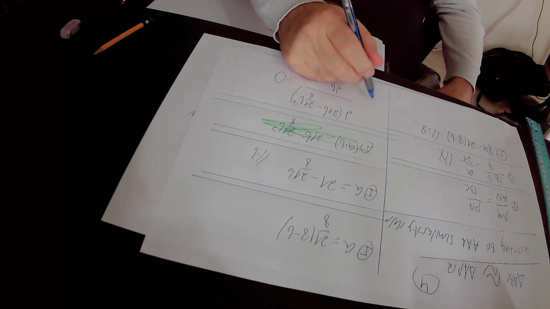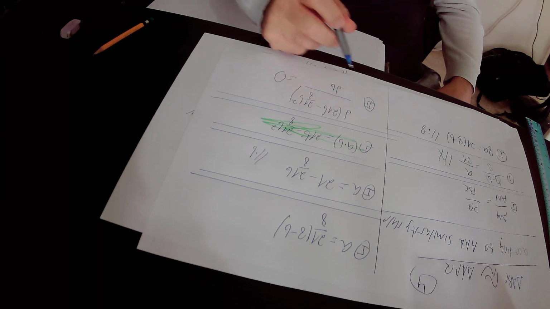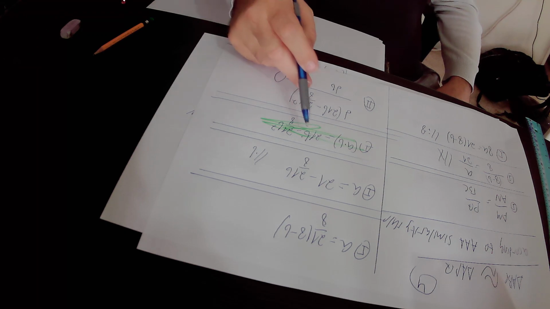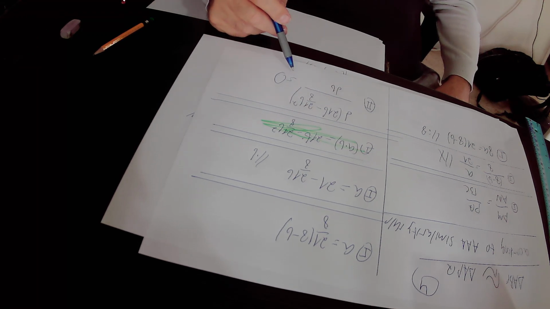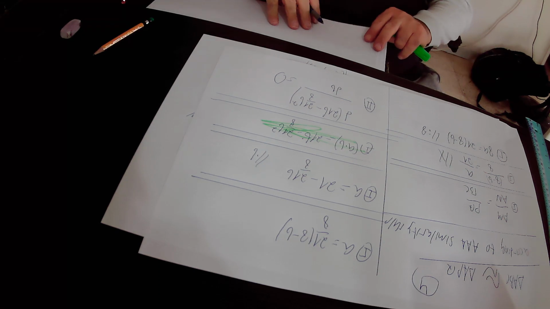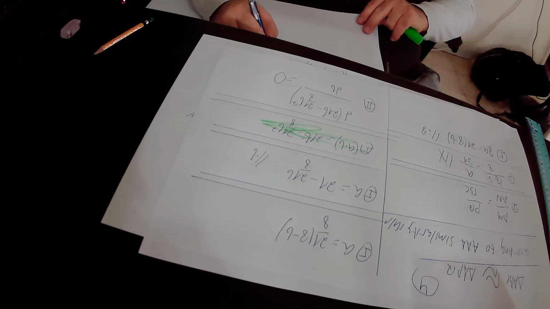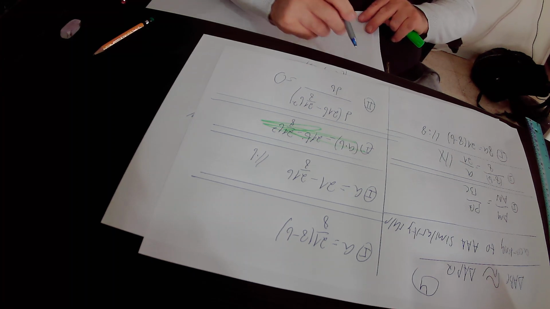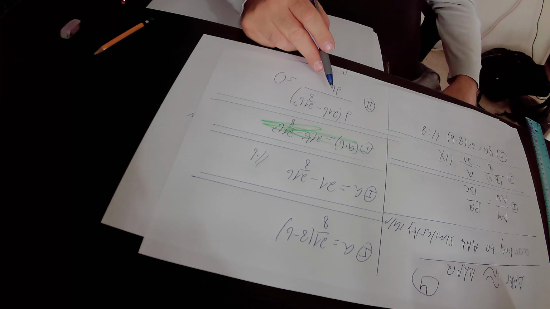Okay, repeat again. The meaning of this equation 2 is that we took the derivative of this function area and equate it to 0. So what is the derivative of 21b?